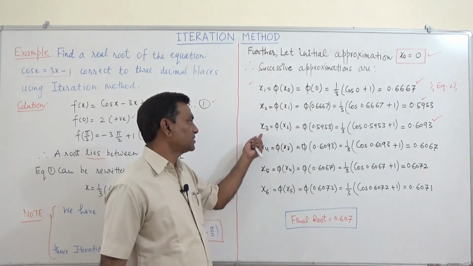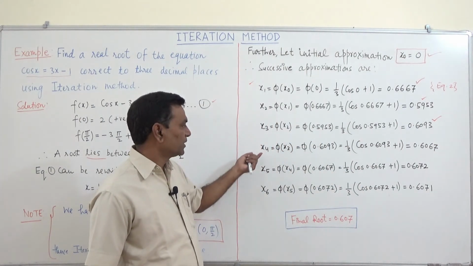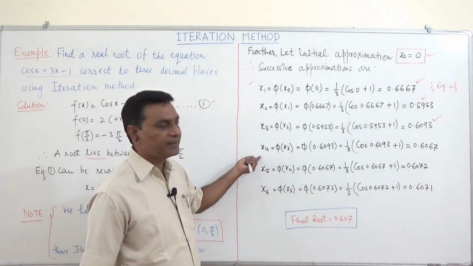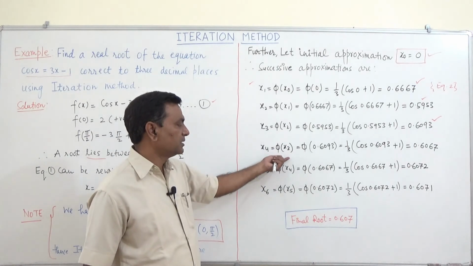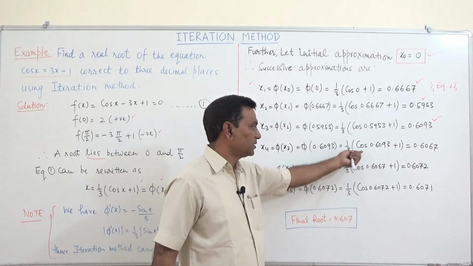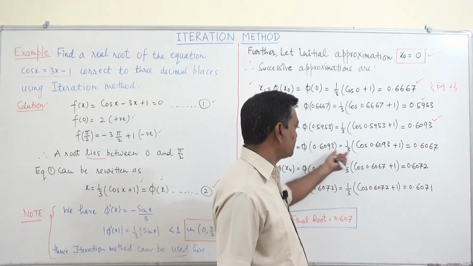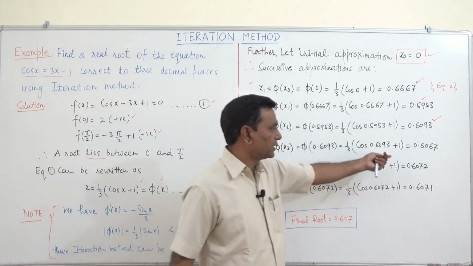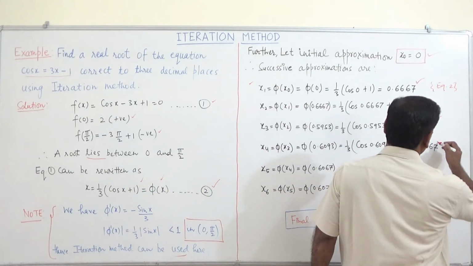Now we use this value to find the fourth approximation. x4 = phi(x3) = phi(0.6093) = (1/3)(cos 0.6093 + 1), which comes out to be 0.6067.